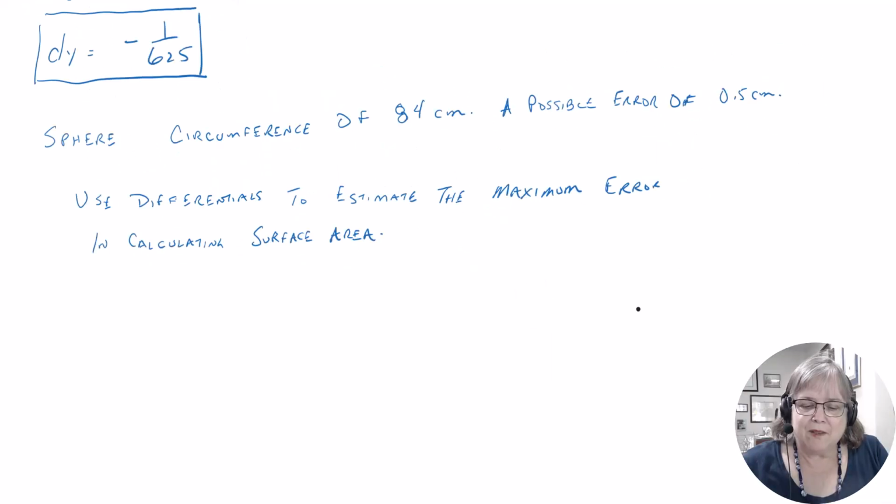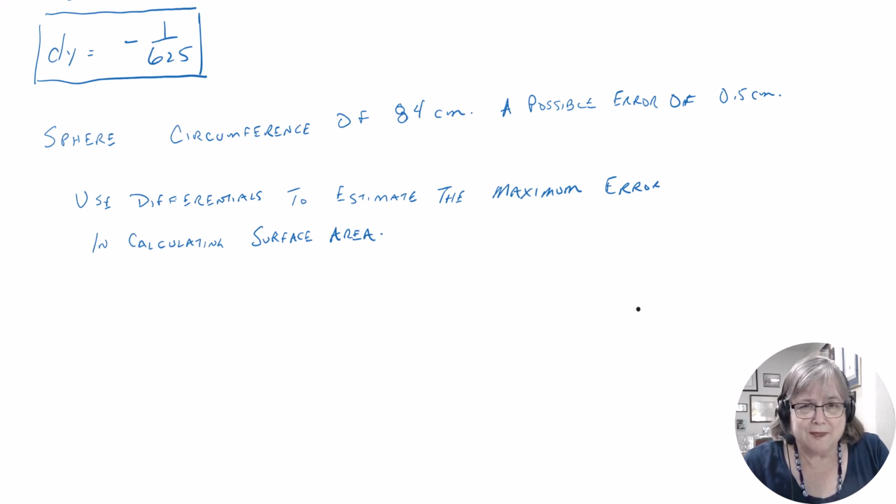So you go out and you measure the sphere's circumference. You think it's 84 centimeters. You're pretty sure it's 84 centimeters, but it could be off a little bit, maybe about 0.5 centimeters. So you come back with a measurement, and I'm going to compute the surface area. Maybe I have to cover the sphere with some sort of really expensive substance. So I need to know what the surface area is.